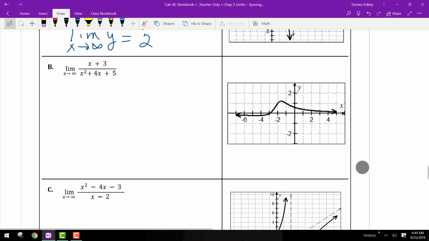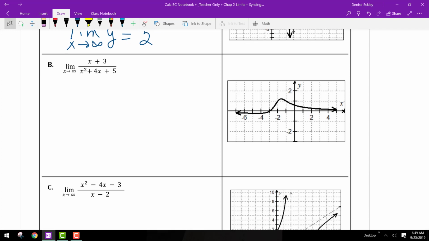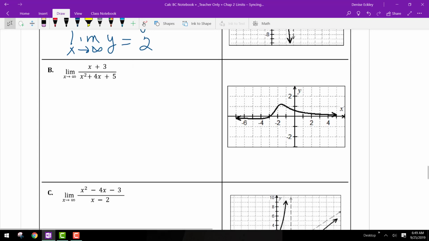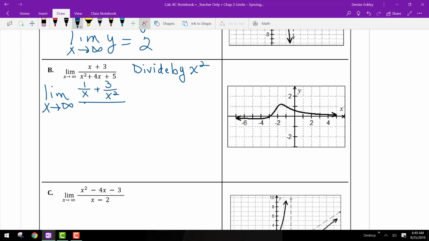Okay, letter B. Same idea here. I'm going to divide by the highest power in the denominator, so I'm going to divide by x squared again. So I'm going to have the limit as x approaches infinity of 1 over x plus 3 over x squared, and in the denominator, 1 plus 4 over x plus 5 over x squared.